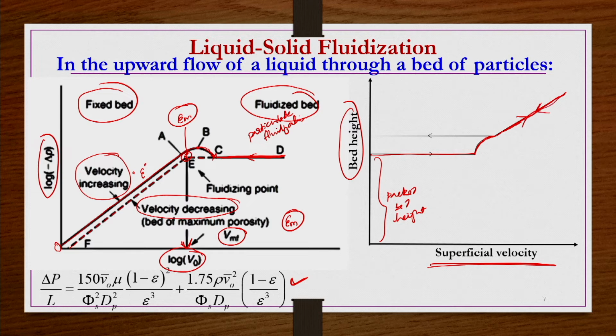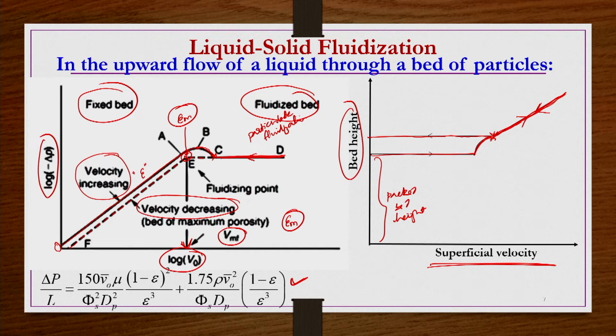When you decrease the velocity, you can see that the bed height gradually decreases with the decreasing superficial velocity, but after this point it is not going to come back along the previous curve, but it is going to be constant like this, because by the time the velocity decreases to this point, the particles are settled and resting onto each other, and further compact packing of those particles is not going to take place.